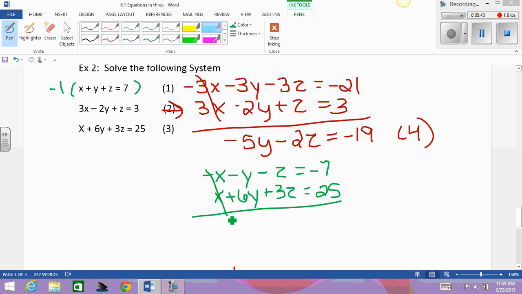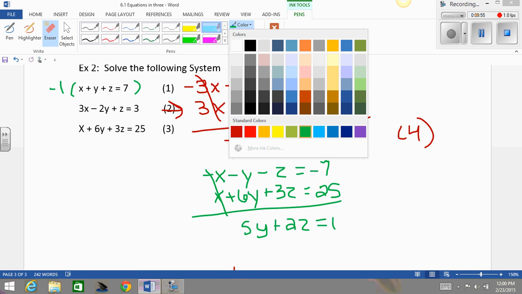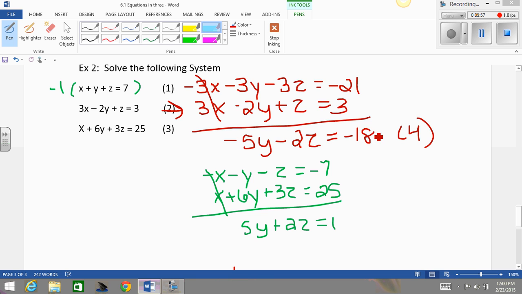And we add. Yikes. My adding is horrific today. Pardon me. There we go. Okay, and that's equation 5.